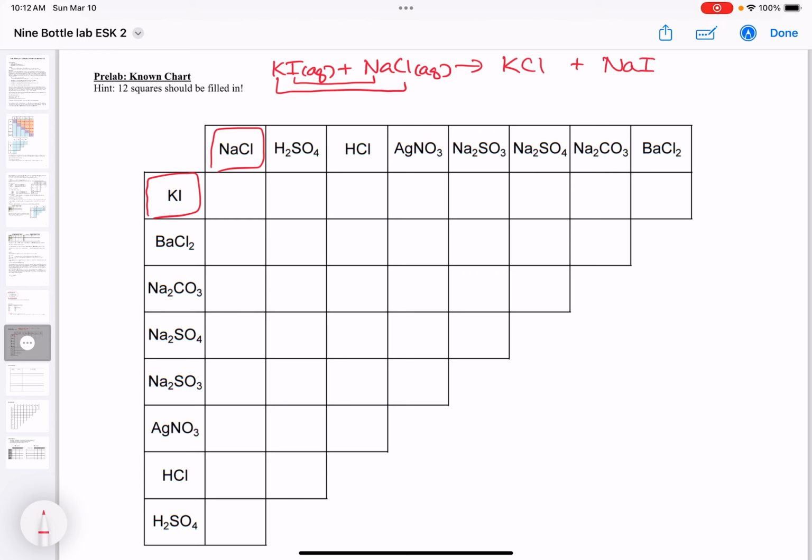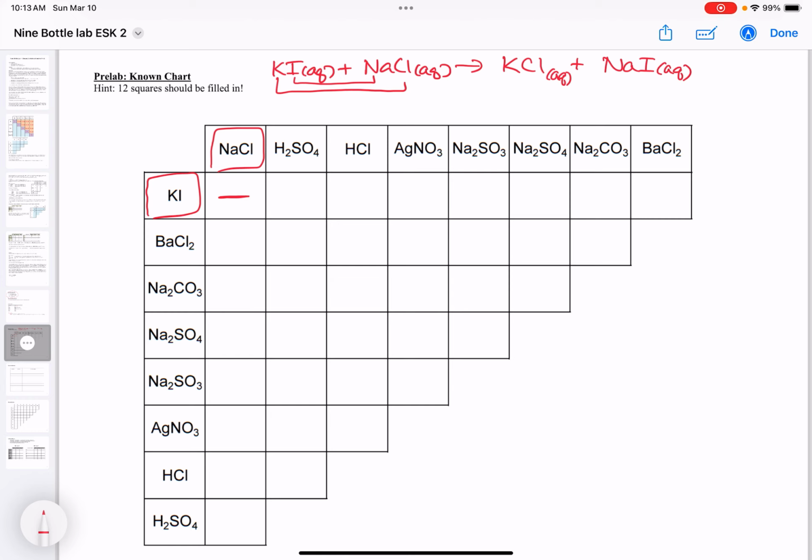And now I'd want to look at my solubility rules. I'd see that potassium is soluble with no exceptions, so that would be soluble in solution, and sodium is also soluble with no exceptions, so that would also be soluble. So this does not form a product. I would put a dash in this box to show that I don't expect a product there.